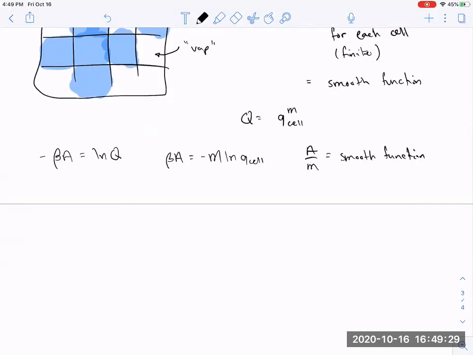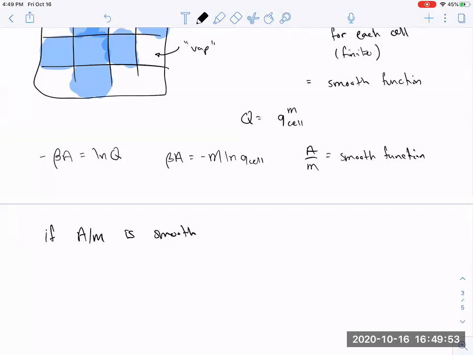So to reiterate, if A over M is smooth, because even if I take M to be large, A also being extensive will grow. A over M, this becomes a finite number, which itself is smooth.